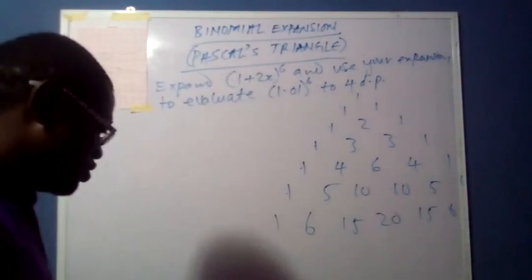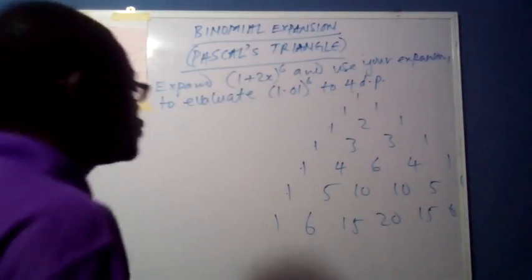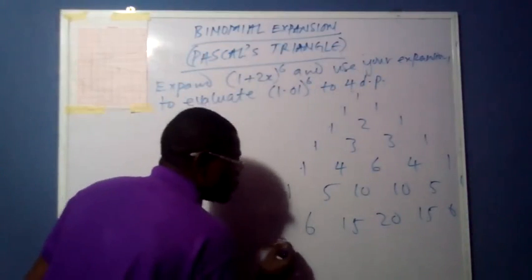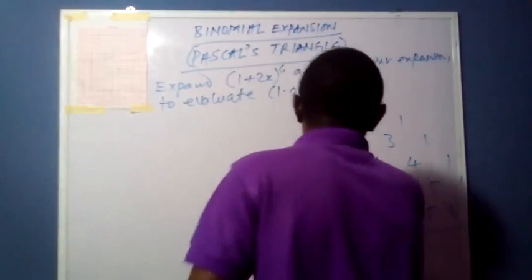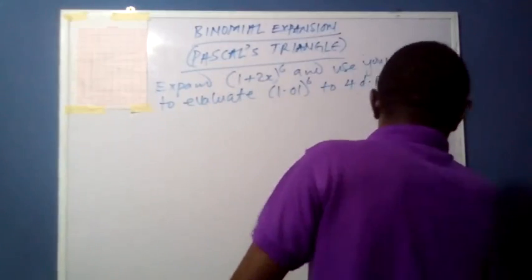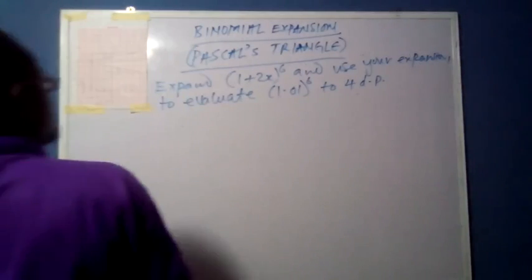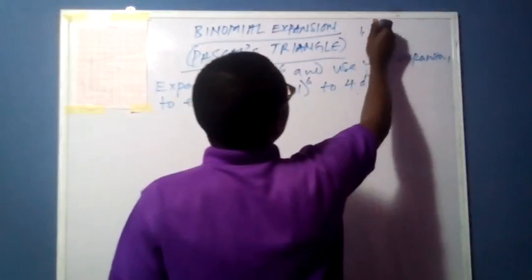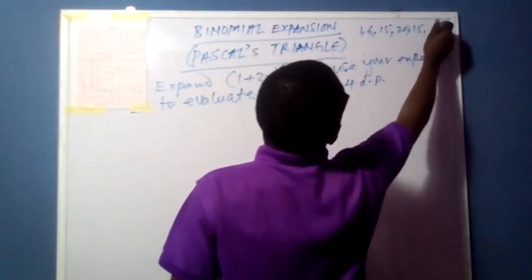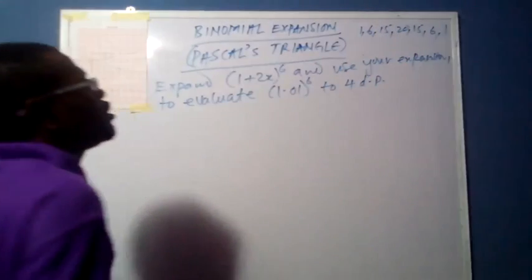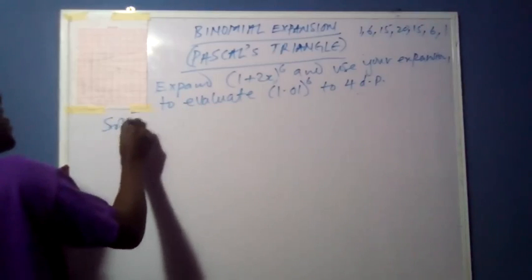So definitely the coefficients we're going to be using for this particular expansion are 1 6 15 20 15 6 1. So now let's get started.